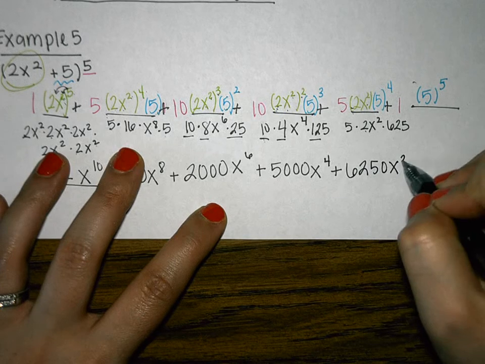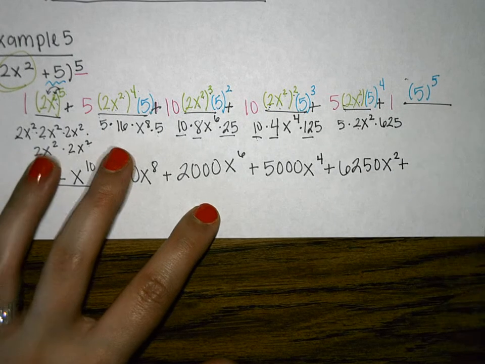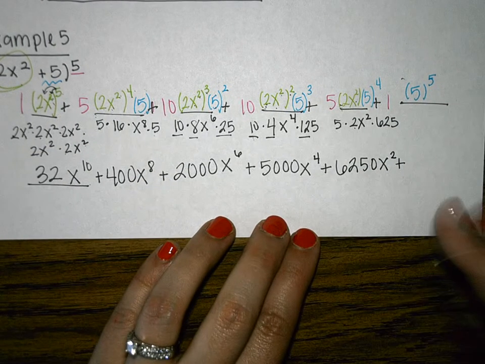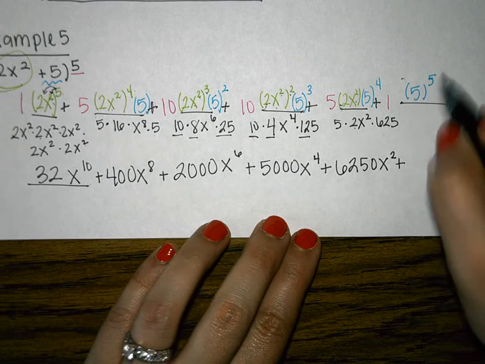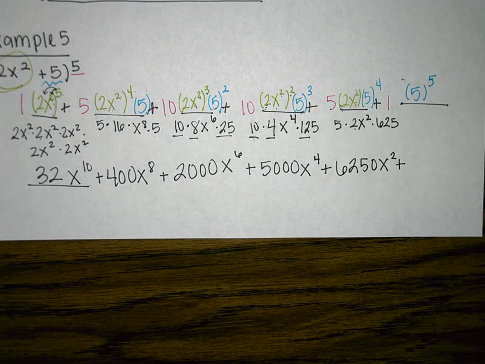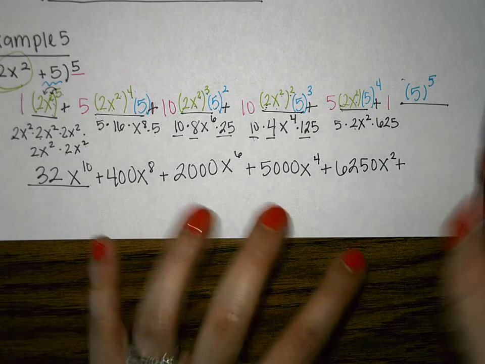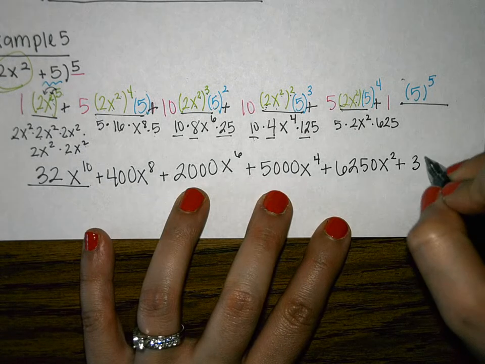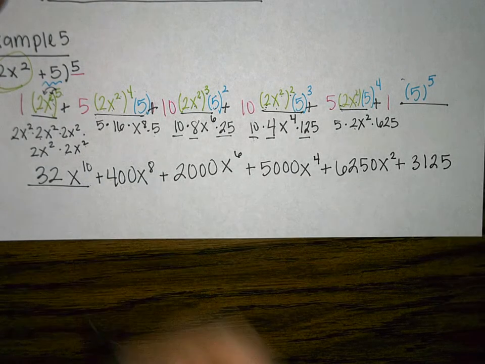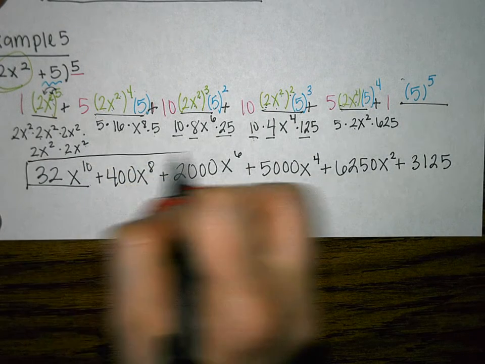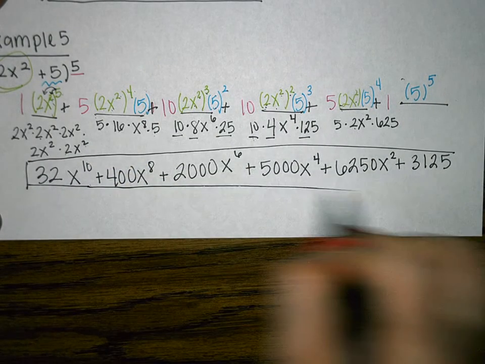Don't forget the x squared. Plus our last one, 1 times 5 to the 5th. 5 to the 5th is 3,125. And that whole thing is your expansion.